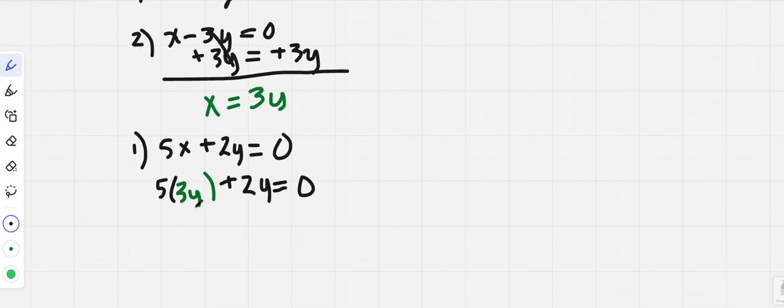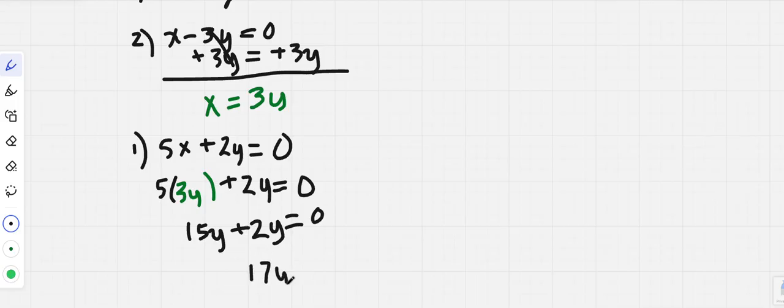Now 5 times 3y is 15y, plus 2y equals 0. And 15y plus 2y is 17y.